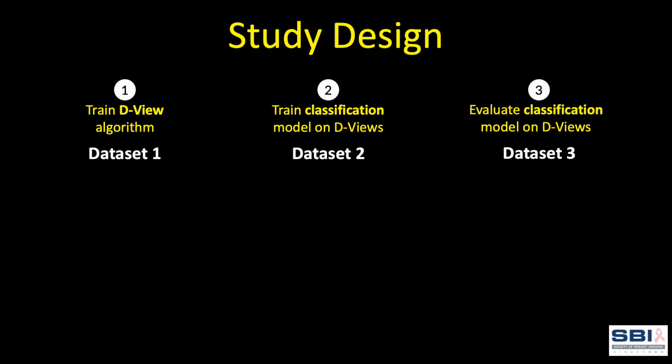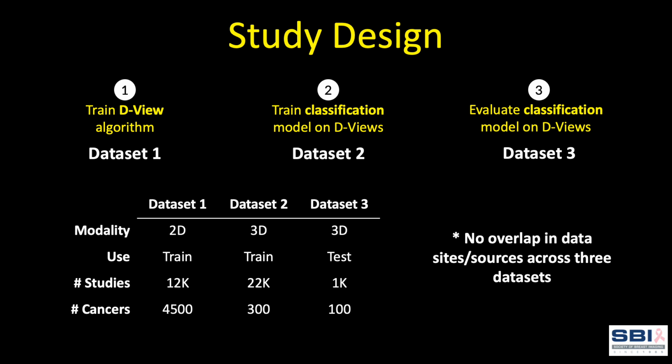The first dataset consists of 2D mammograms to train the D-view algorithm. Then we use a DBT dataset to train the D-view classifier. And finally, we test on a separate DBT dataset consisting of 1,000 studies with 100 cancers, where non-cancers are either negative BI-RADS or confirmed benigns. Again, there was no overlap in the data sources across the 3 datasets.